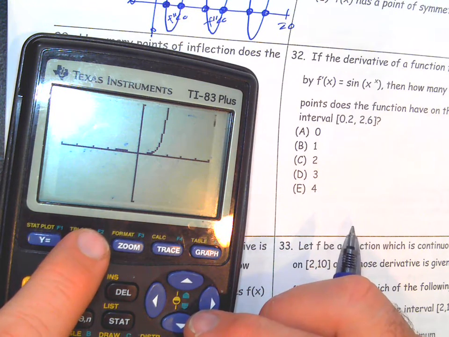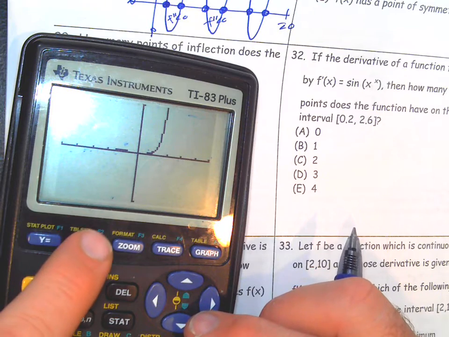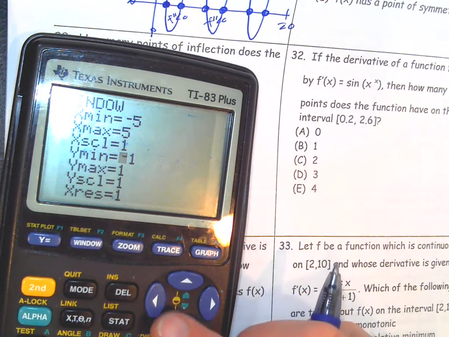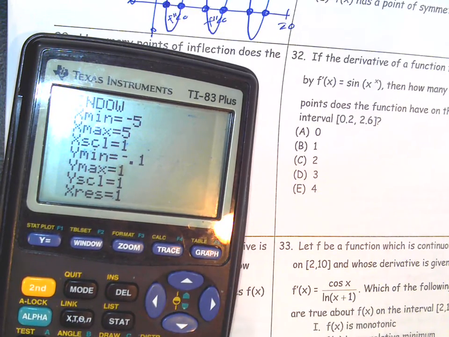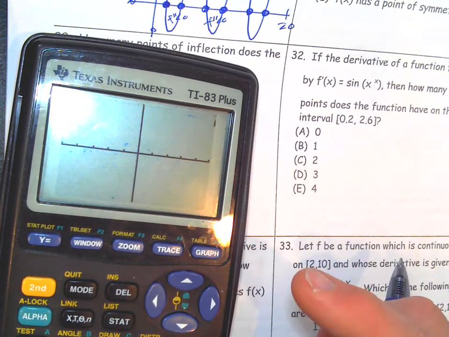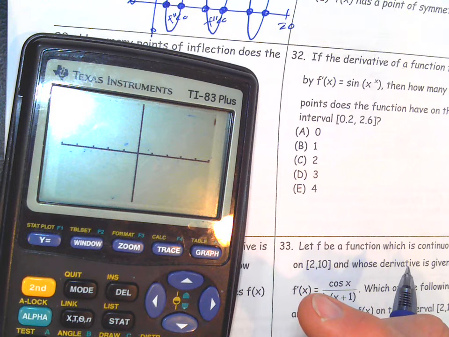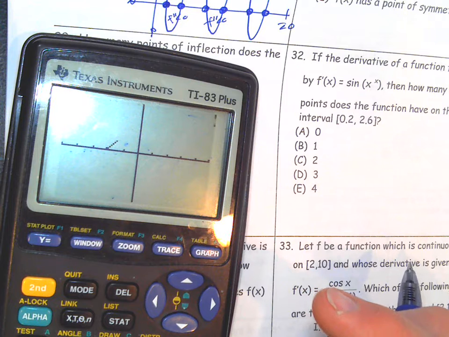Negative 0.1 to 0.1. I'm really zooming in on the x-axis. So there it is. Wow, it looks like it dips on down under it.